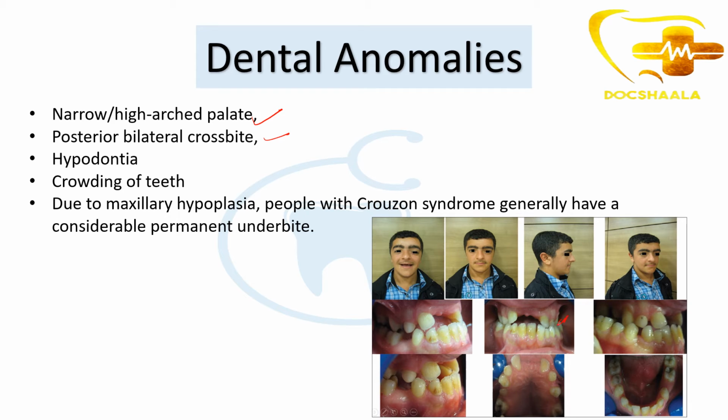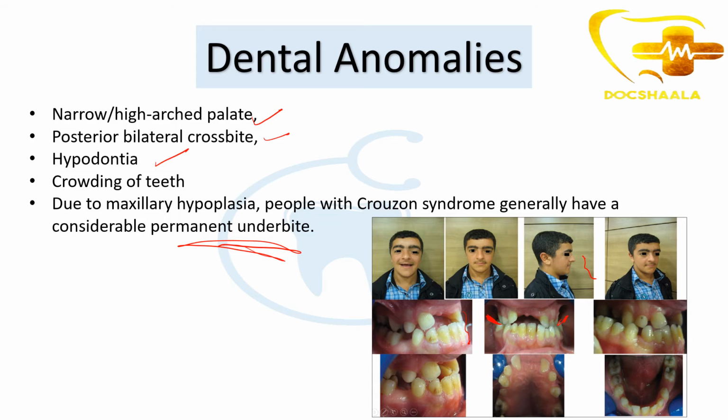In this image you can appreciate the posterior bilateral crossbite. Hypodontia is nothing but missing of a few teeth, due to maxillary hypoplasia. People with Crouzon syndrome generally have a considerable permanent underbite, which you can appreciate from this image also, right?